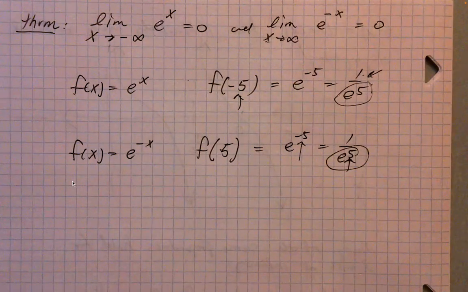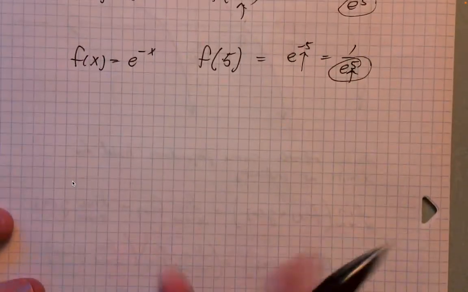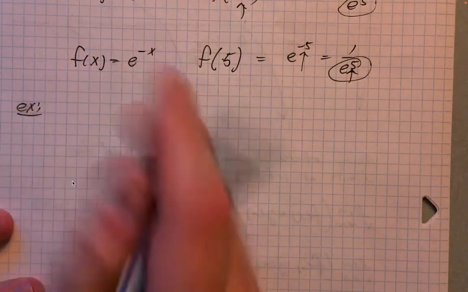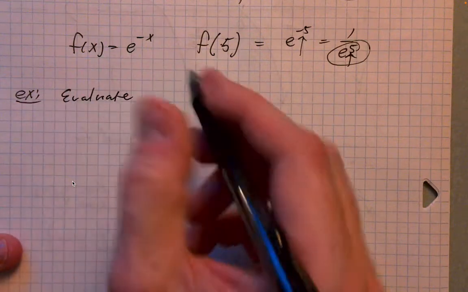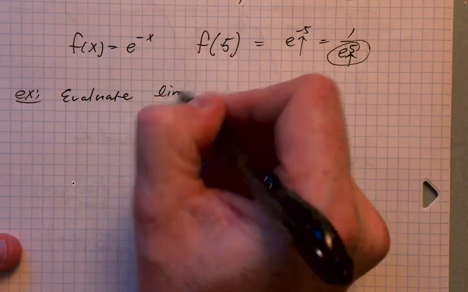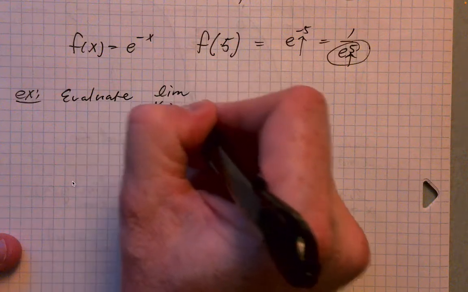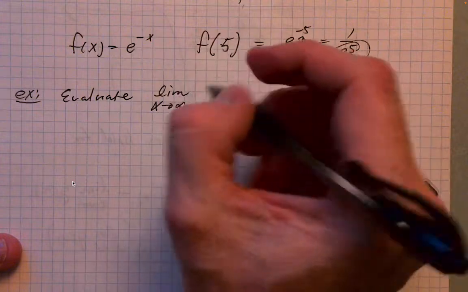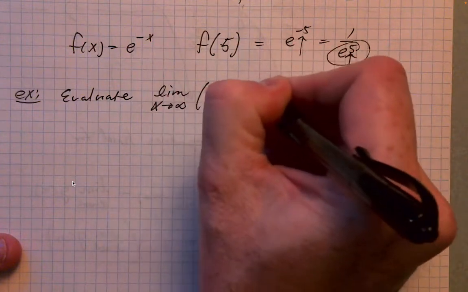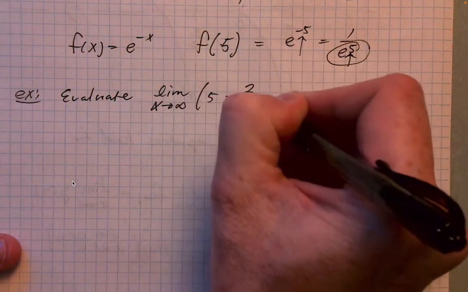Okay. Let's do an example of this one. So let's do an example real quick here. Let's evaluate the limit as x goes to infinity of 5 minus 2 over x squared.